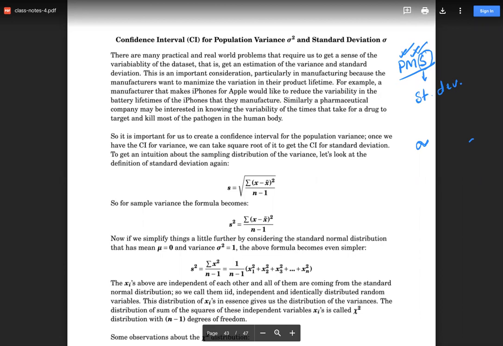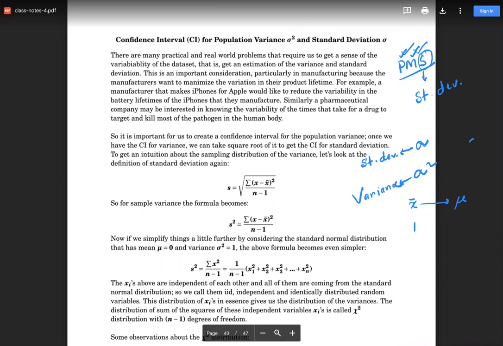Now, variance, as you know, is the square of the standard deviation. So this is the standard deviation, and this is the variance. Now, technically, we know that from a sample statistic, we go to a population parameter. Like how you take X bar and from that you try to approximate mu, right?